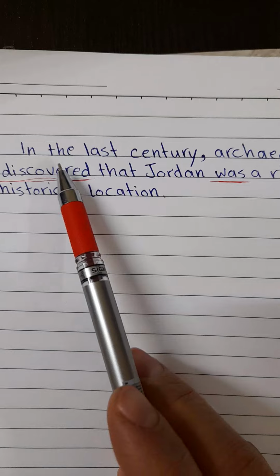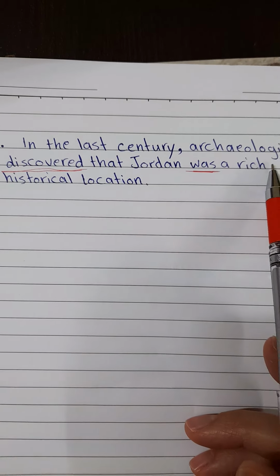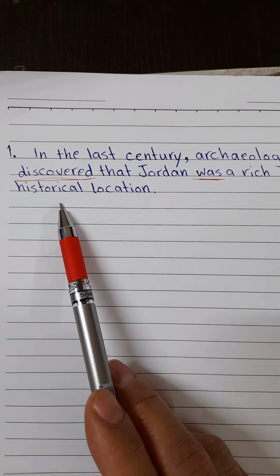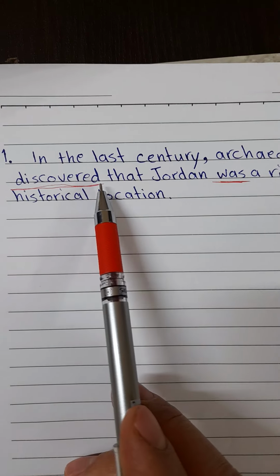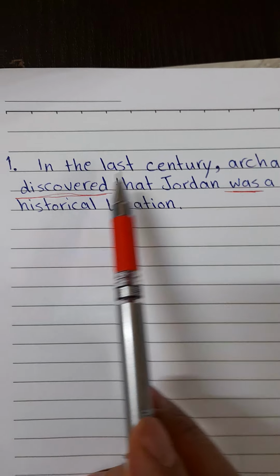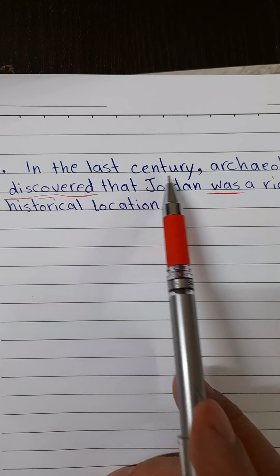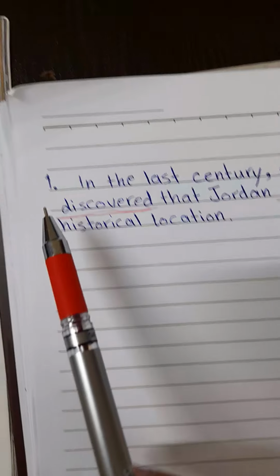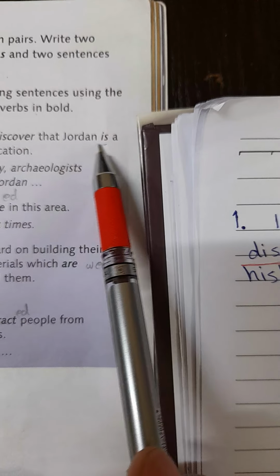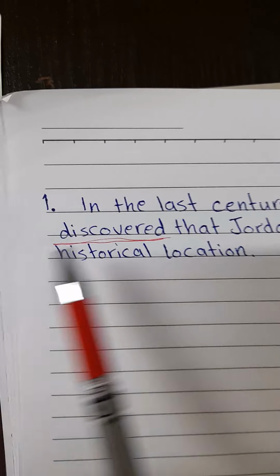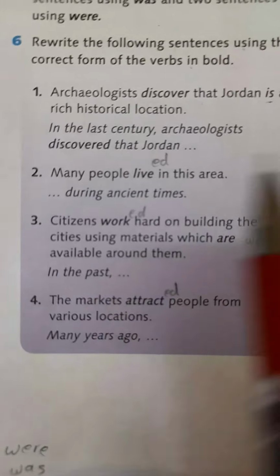So again, in the last century, archaeologists discovered that Jordan was a rich historical location. Discovered, we added the ed because we are talking about the past simple. And here we write is, was.